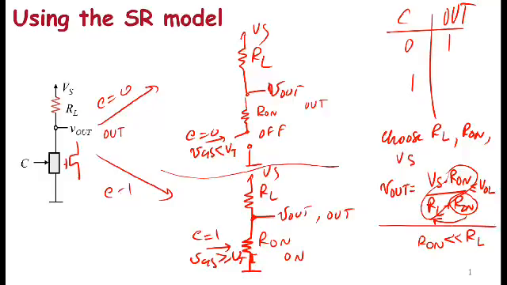I can make sure V out is less than or equal to VOL when C is equal to a 1, so I get a correct logical 0 at the output. The key expression is VS times R on divided by RL plus R on must be less than or equal to VOL, and that gives me a valid output when the input is in a high state.